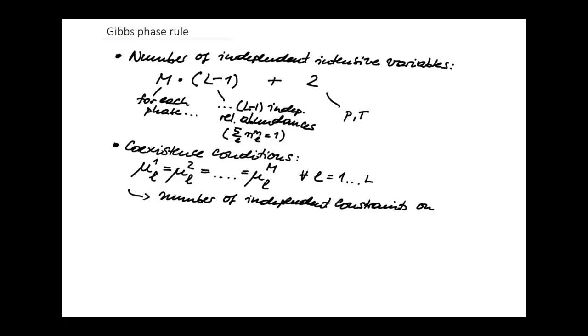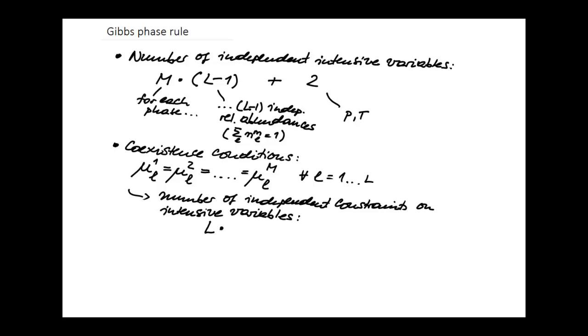So the number of constraints we have on intensive variables is the number of different types of molecules, because we have these constraints for the chemical potentials for all molecule types, and we have L of these.